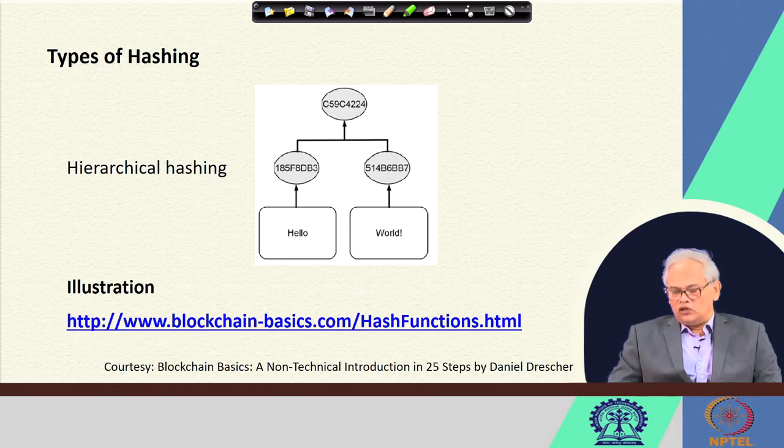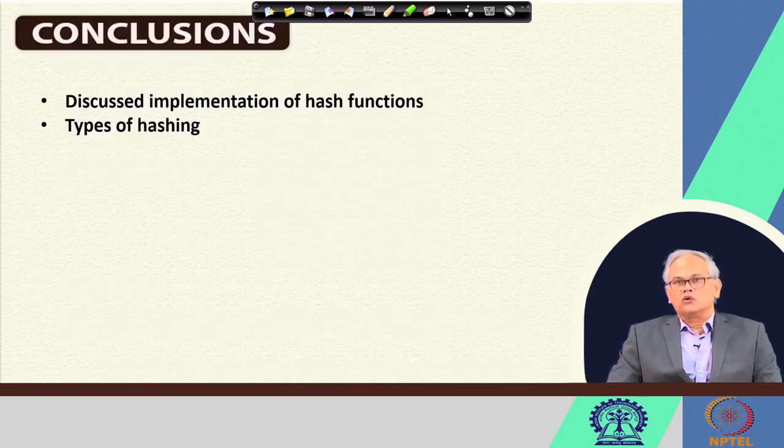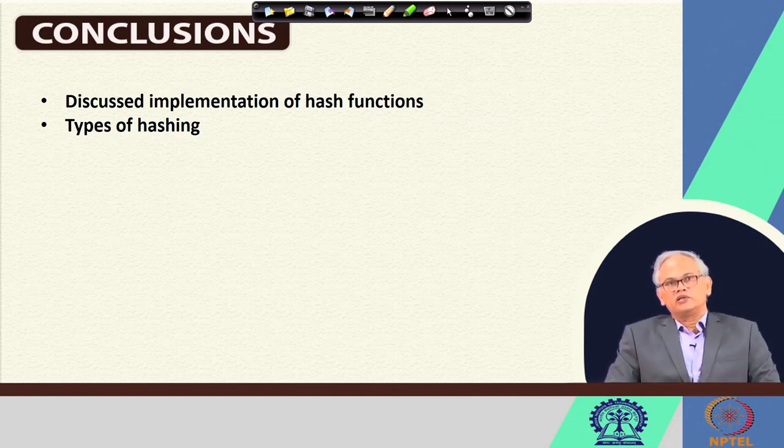So, overall, to conclude this lecture, in summary we can say that we have discussed how hash functions are implemented. Specifically, we have talked about SHA-256 implementation, and we also talked about different types of hashing. Indeed, we went to this same web application where we took certain examples, and we saw that we can combine the hashes and the original message in different forms.